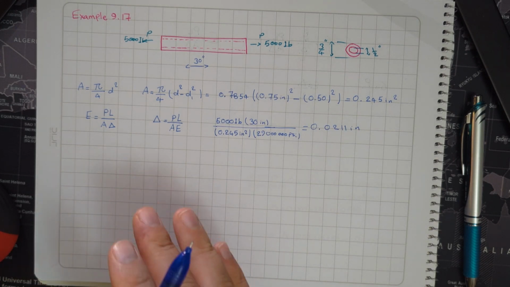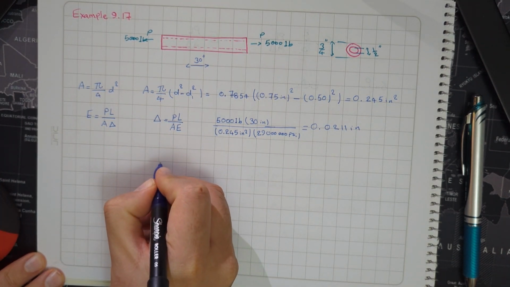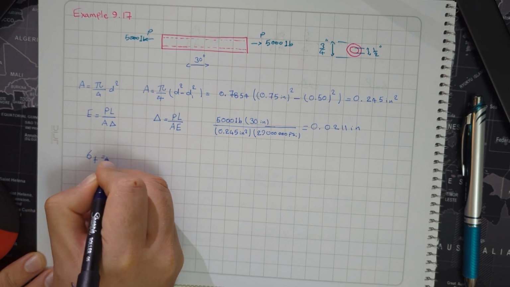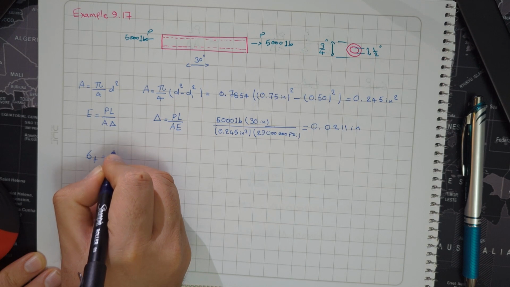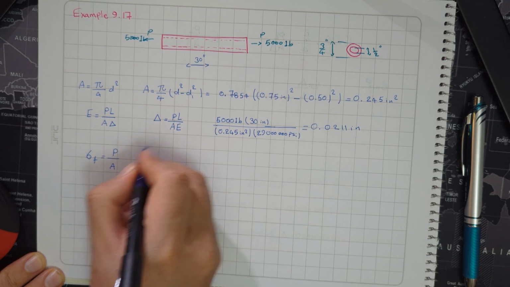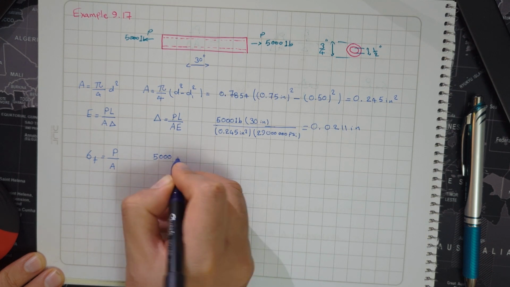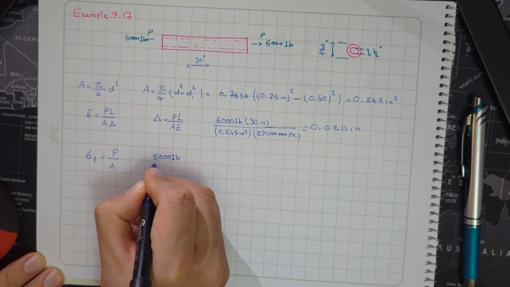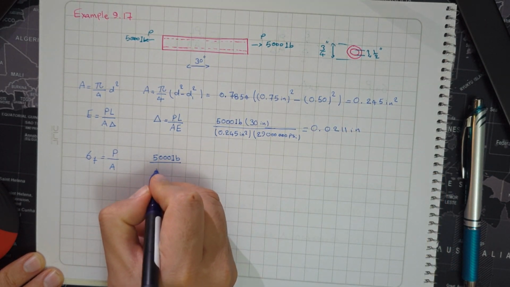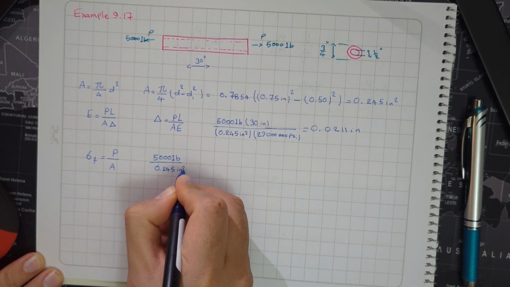All right. And now we want to calculate the tensile stress developed and verify that it does not exceed the proportional limit. So sigma total equals P over A. How much was P? 5,000 pound over A, which was 0.245 square.